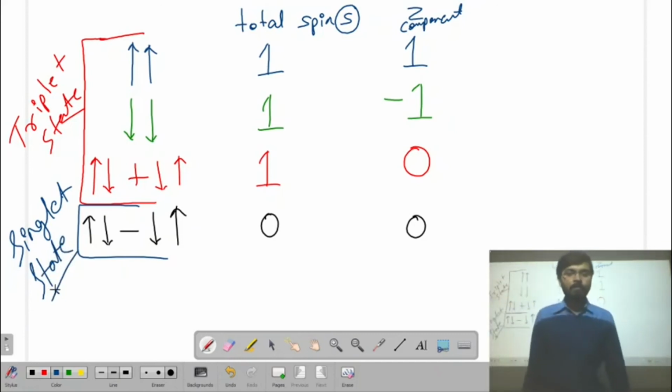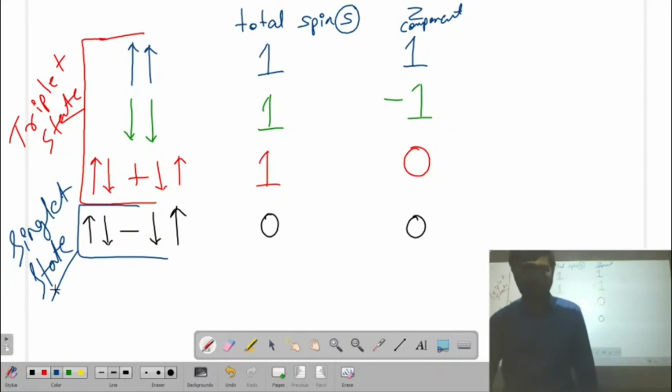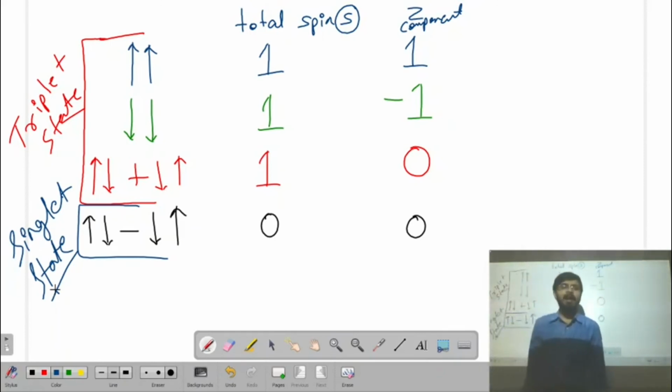So this is all about a 2 electron system, singlet and triplet states.